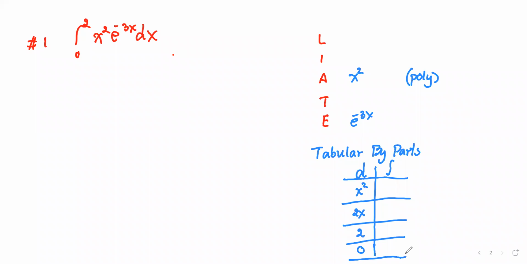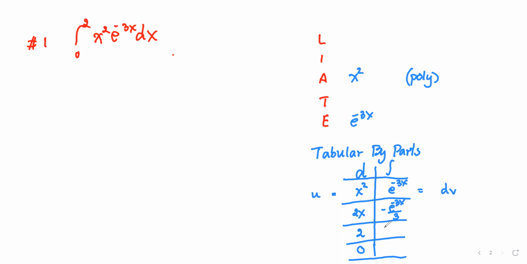After you set up the derivative until you get 0, that kind of tells you how many antiderivatives you're gonna have to find. The left column is gonna be the u, okay, and the right column is gonna be the original dv. And then you keep going finding the antiderivative every single round to get negative e to the negative 3x divided by 3.